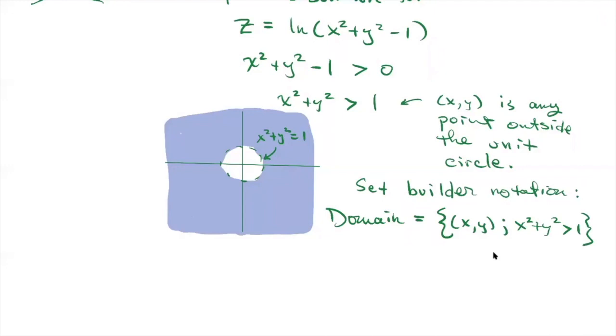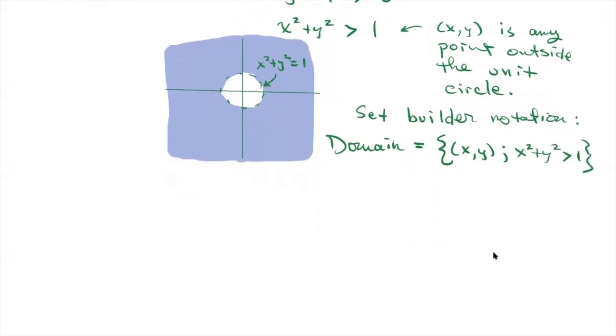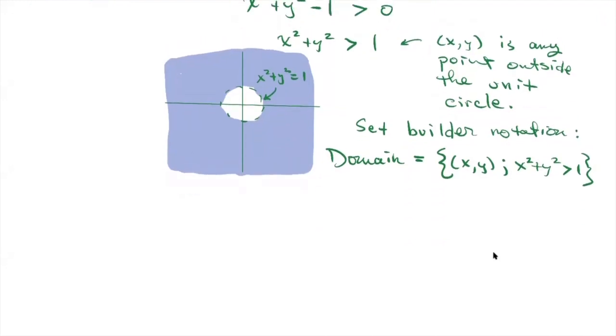Okay, and so that's a way of describing the domain algebraically. And honestly, you probably should be able to recognize either one of those, to express it that way or to graph it. It's not a big deal. I am looking to see if there's any questions out there.